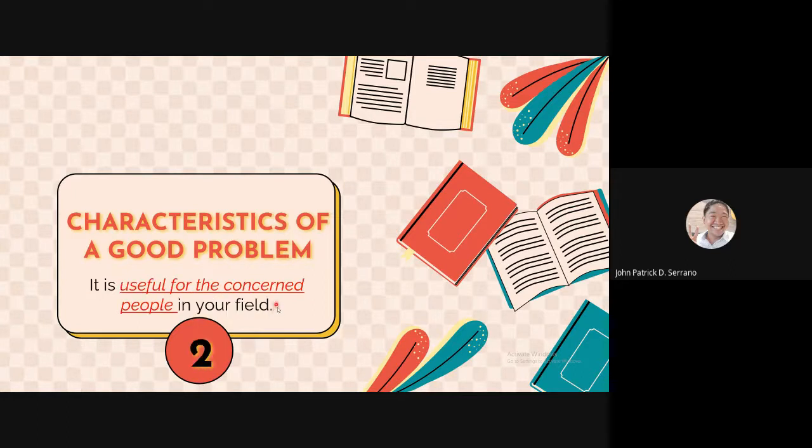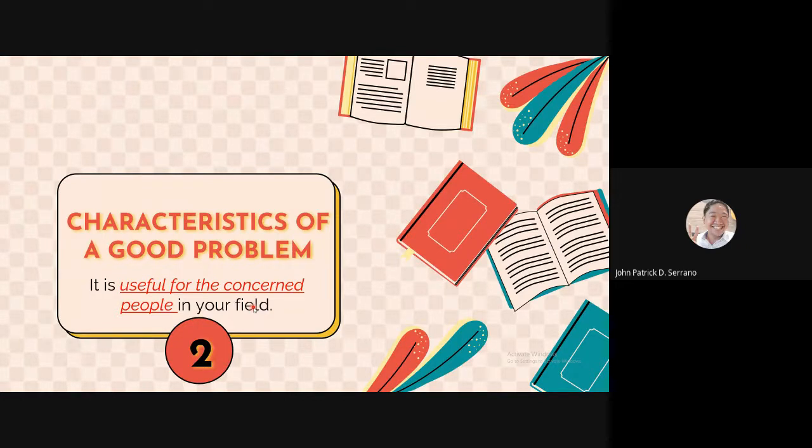The second characteristic of a good problem is this. It is useful for the concerned people in your field. Concerned people in your field. If you are a grade 11 teacher, say for example, at XYZ high school, dapat yung research po ninyo tungkol sa grade 11 students dun sa school ninyo. Kasi yung problema na yun exists in your locality.